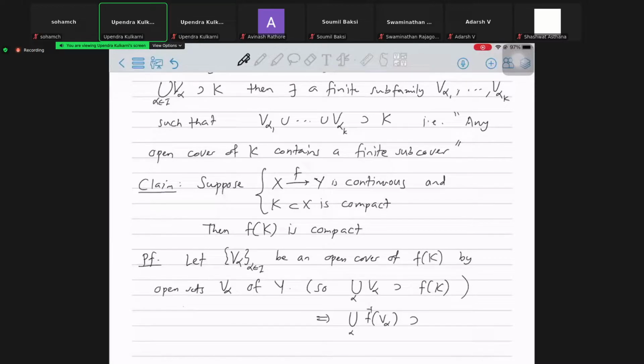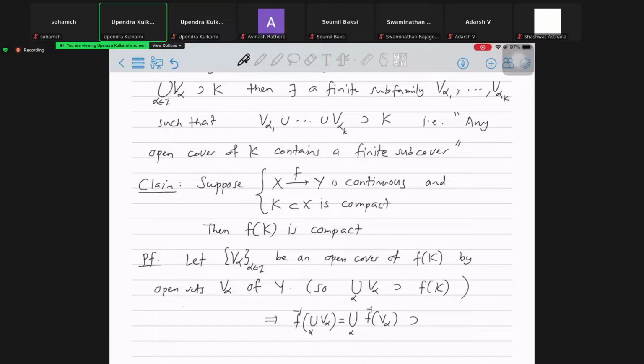I did ask you to check that the inverse image under any set function preserves unions. Just a straightforward thing. So f inverse of the union of V alphas is, might as well write it down, the union of this.